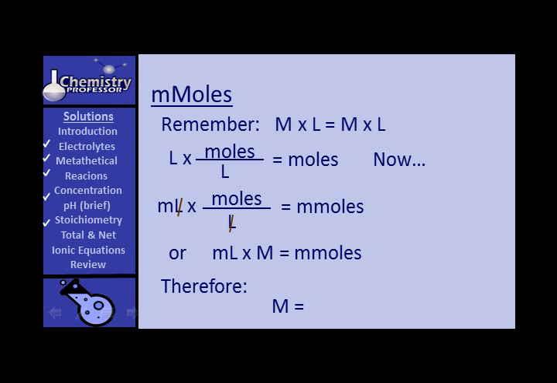Therefore, molarity is, logically, what? Millimoles over milliliters. It's all just algebra that we're doing here. Just cancel your millis. Now your instructor may not like that too much, but it works really rather well.